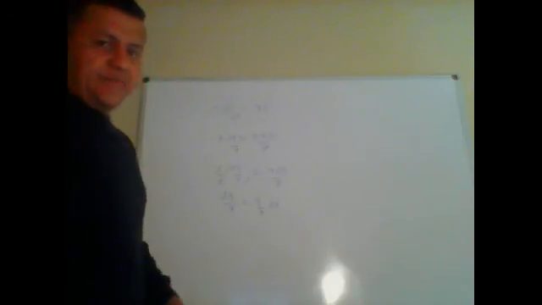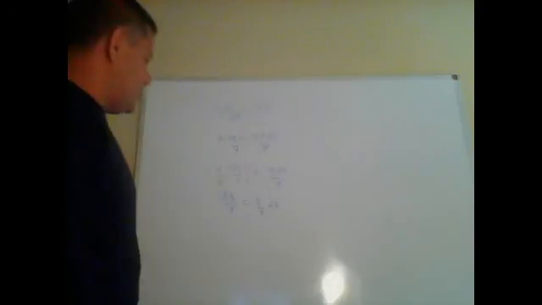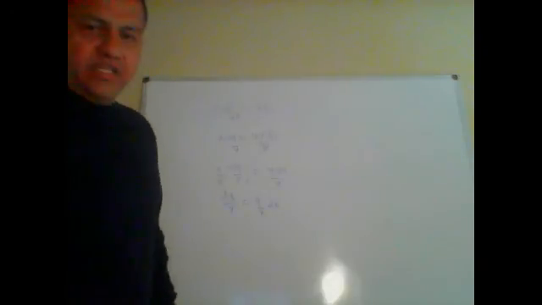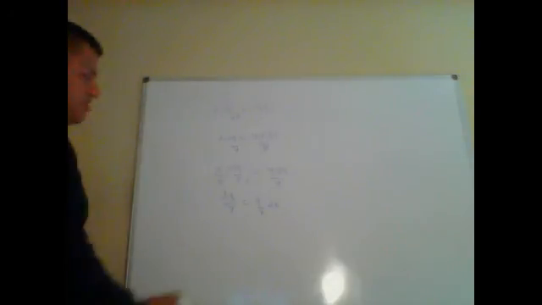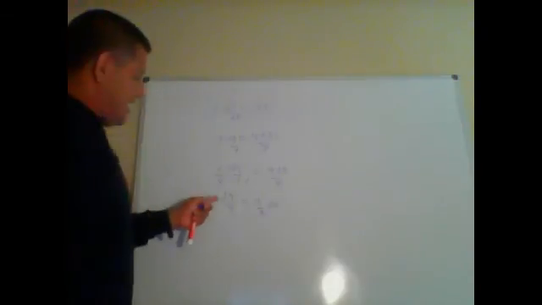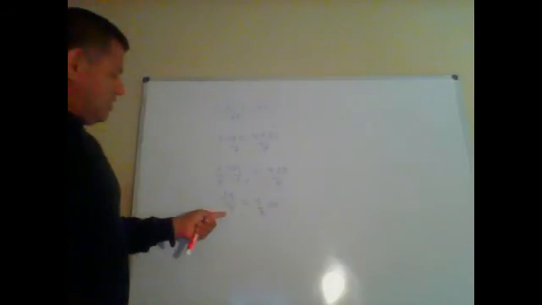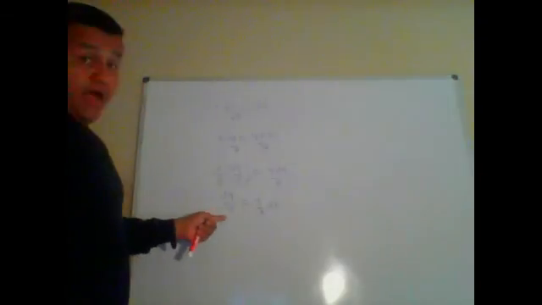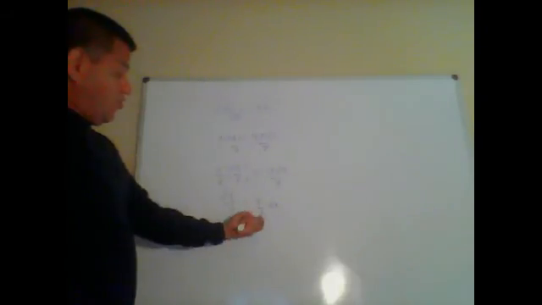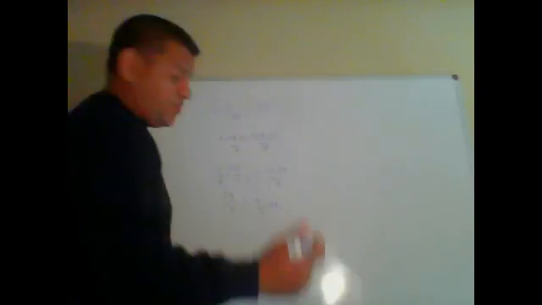Now the next step is integration. I have to integrate both sides of this differential equation, because now it is separated. I have a dy with the y variable, and a dx with the x variable, which is what I want.